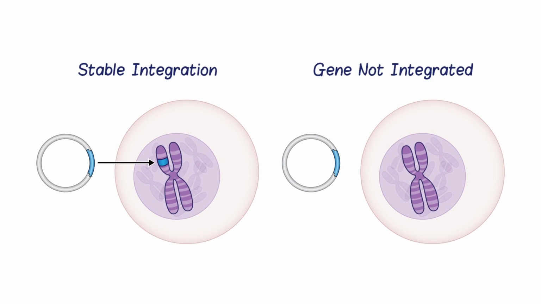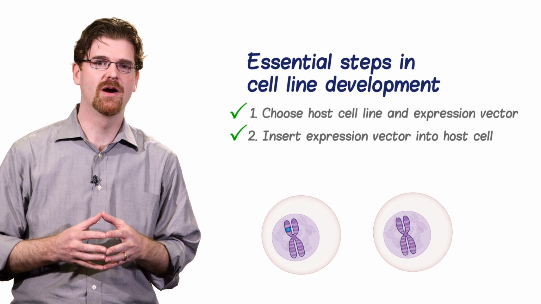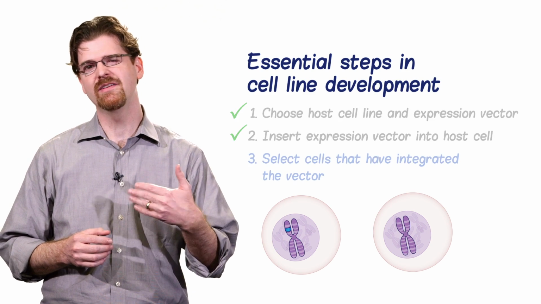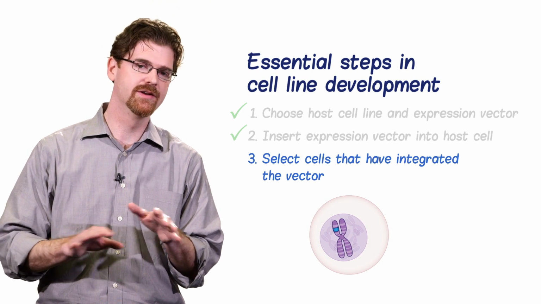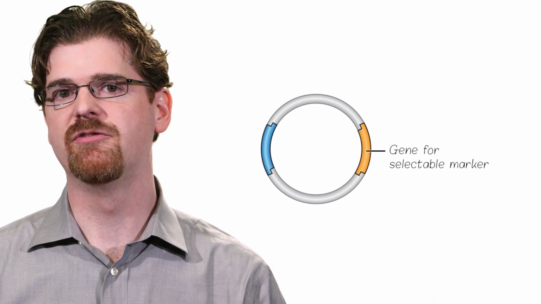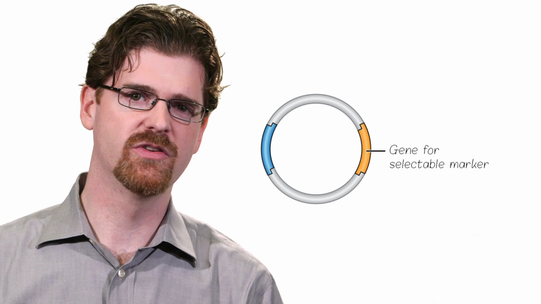Unfortunately, the transfection process is not efficient. In other words, most cells do not stably integrate the vector into their DNA. So when we design a manufacturing process for commercial use, we need to somehow select only the host cells that have integrated the vector and kill the rest. There are many ways to do this. For example, one is to add a gene to the vector that allows the host cell to resist a toxin.